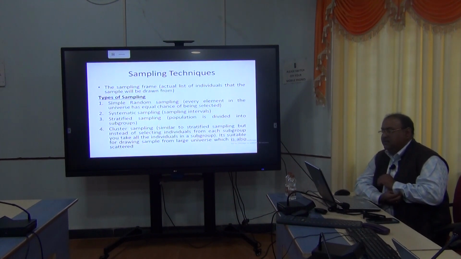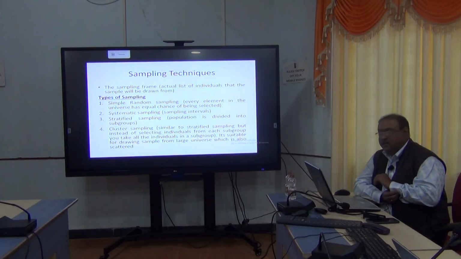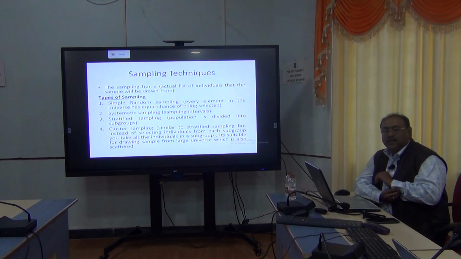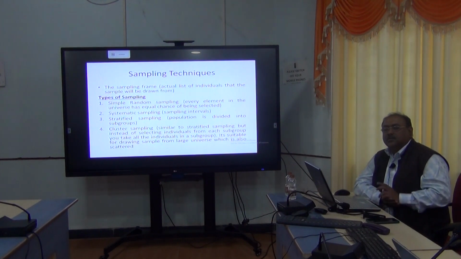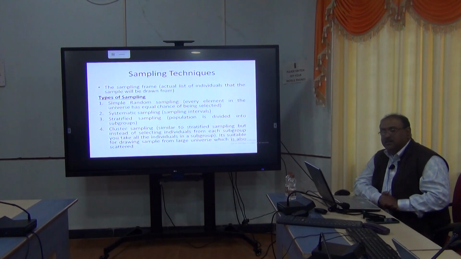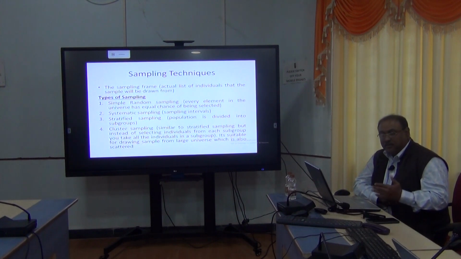Many people think that sampling is important only in the context of economics or quantitative research, but it's not like that. Even if you are doing qualitative research or observation method, case studies, there also you have to do a lot of groundwork to understand your universe, to understand the stratification in that universe.